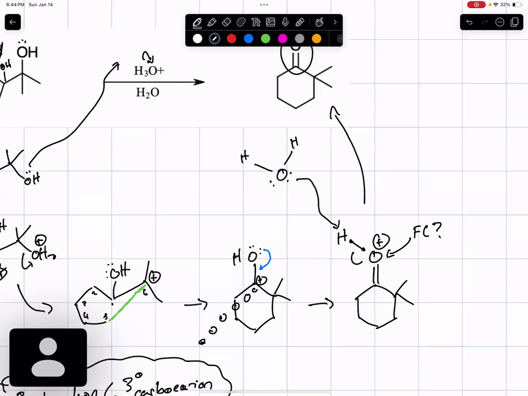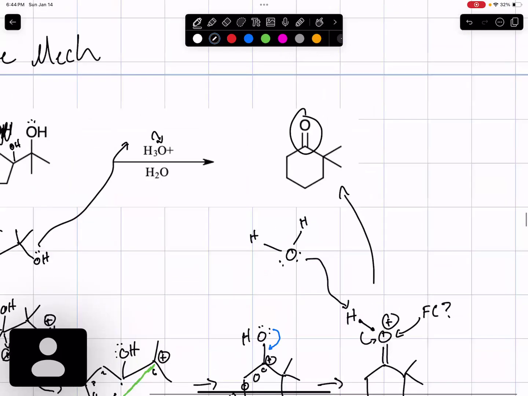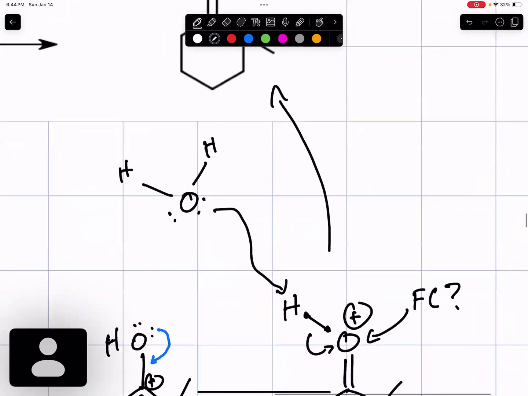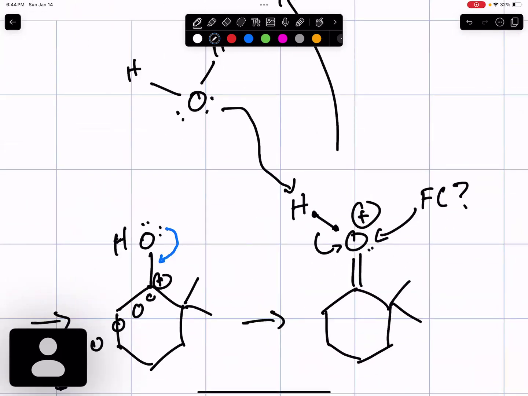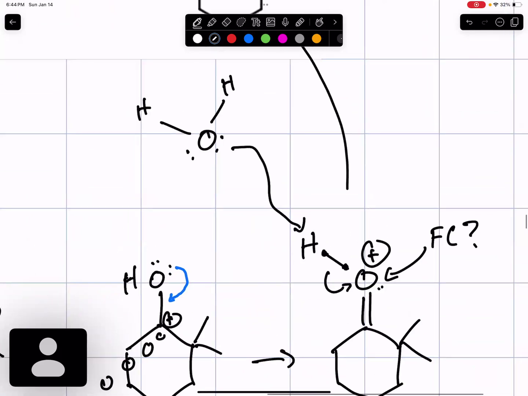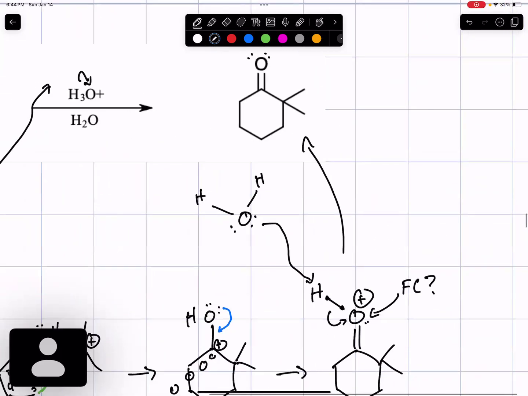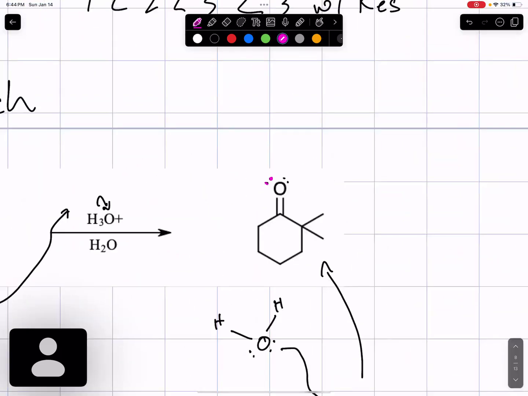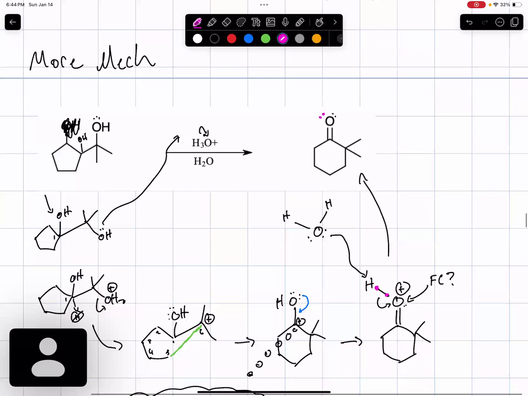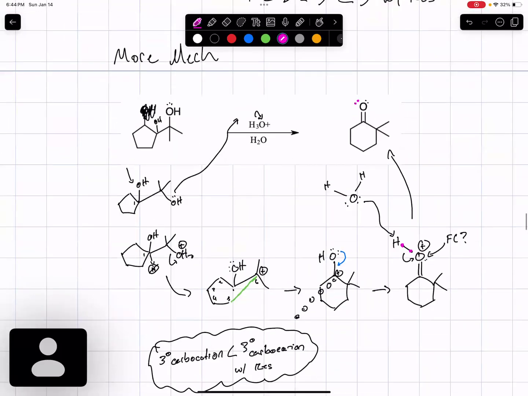These 2 electrons just get donated to the oxygen and give it its lone pair. It's 2 lone pairs that it always needs. It always has at least one of these lone pairs, but the other lone pair is being shared with hydrogen. And once those electrons are taken away, these in pink become these lone pairs in pink. And now we've formed our product.